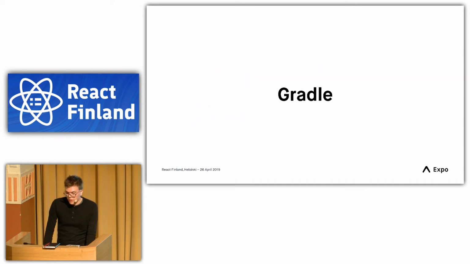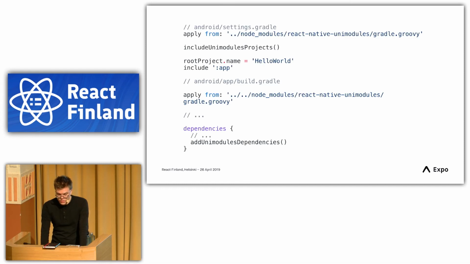For Android, it uses Gradle, which is the build tool React Native uses for Android. And the same way, only these two lines, include Unimodules projects and add Unimodules dependencies, are needed.